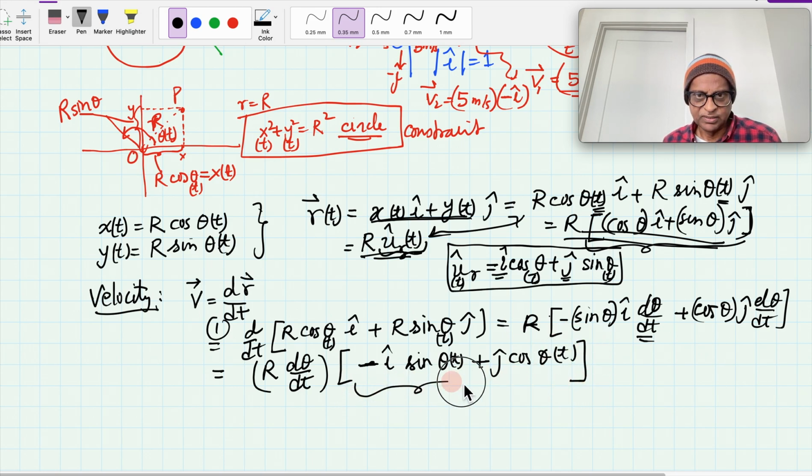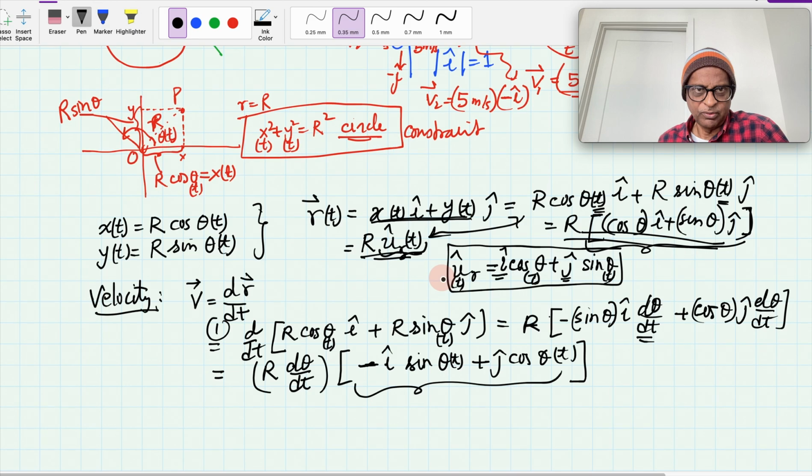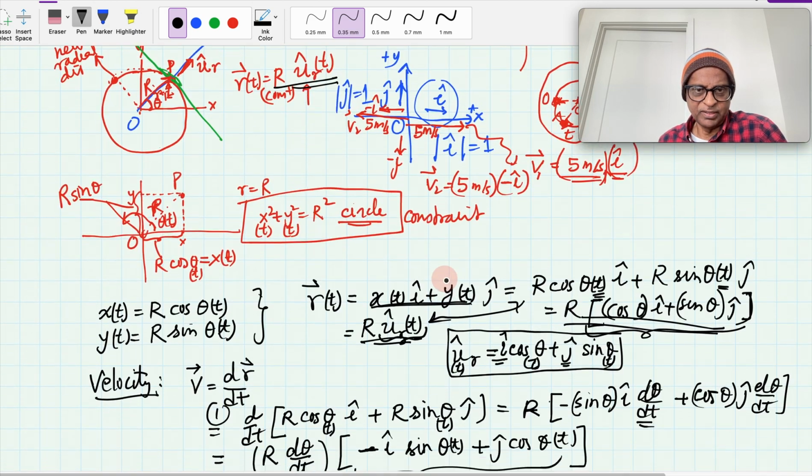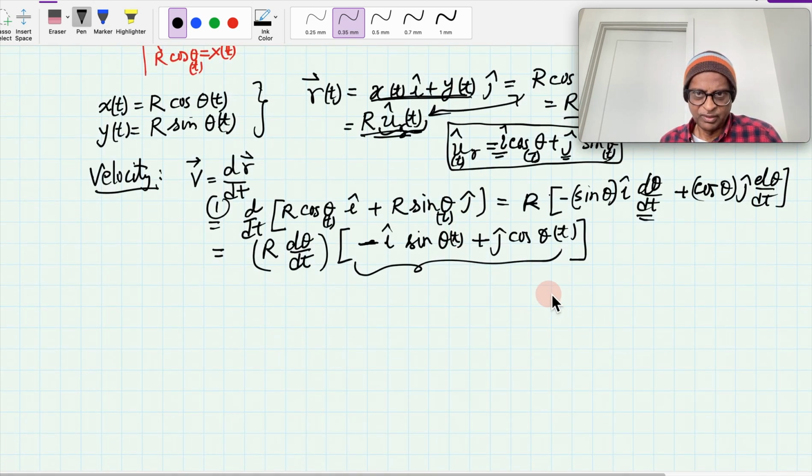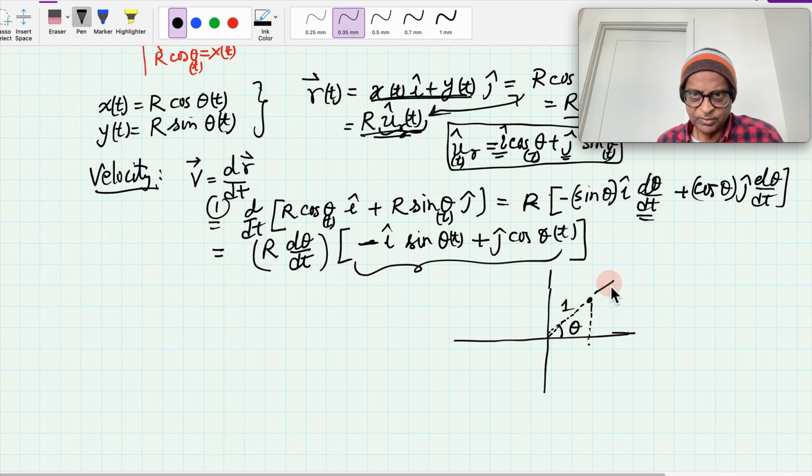Now what is this? Over here, let's draw it again. So I'm over here, this is theta, and let's look at just one. This is the radial direction.